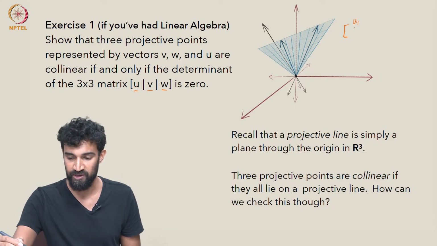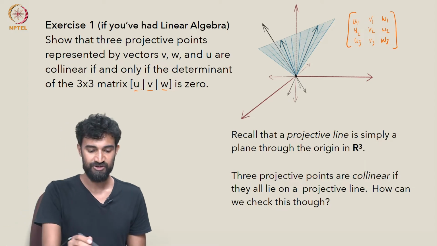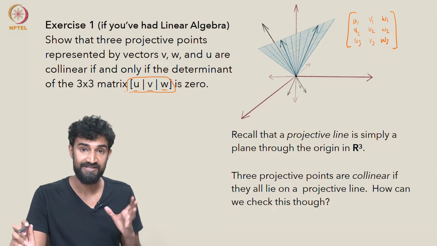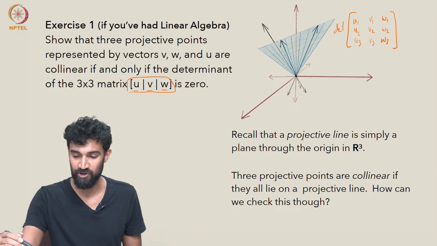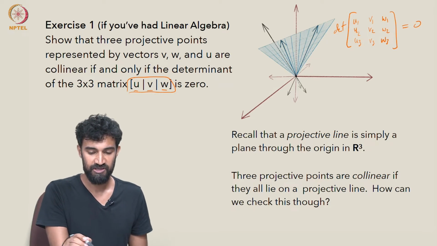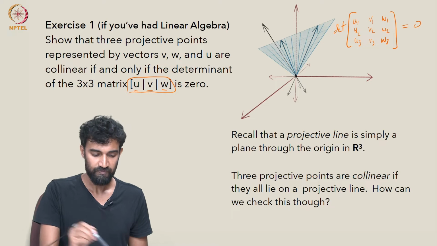So if U is U1, U2, U3, V is V1, V2, V3, and W is W1, W2, W3, then this is the matrix that I'm talking about here, this 3 by 3 matrix. And the exercise is to show that the determinant of that is 0 if and only if these vectors are collinear.